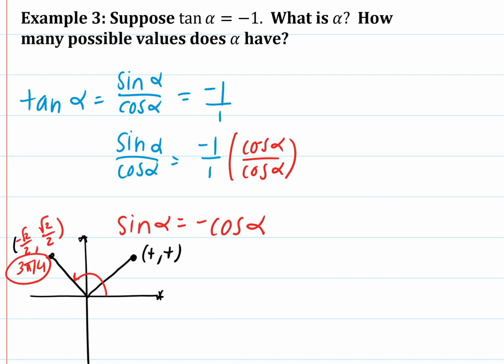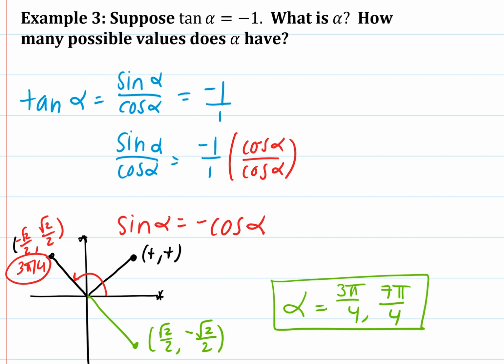And so would this angle, whose x value is now positive root 2 over 2, and y value is now negative root 2 over 2. So your two angles, your answers are 3 pi over 4 and 7 pi over 4. You're eliminating possibilities like pi over 6s and pi over 2s by trying to recognize facts that you already know.